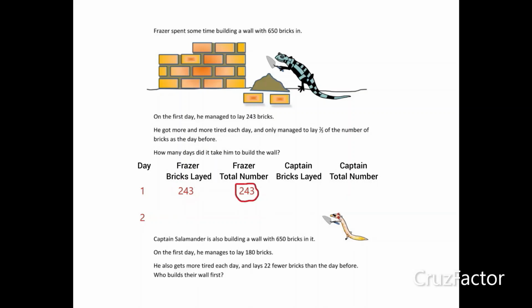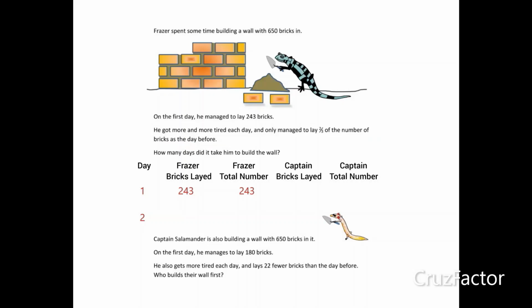Now day two here, as you can see, he's going to put down 2/3 of that amount that he put here. So of the 243 he put down on day one, he's only going to put down 2/3 of that.